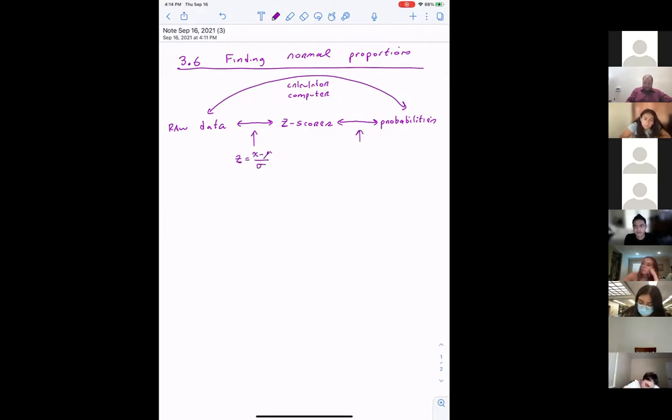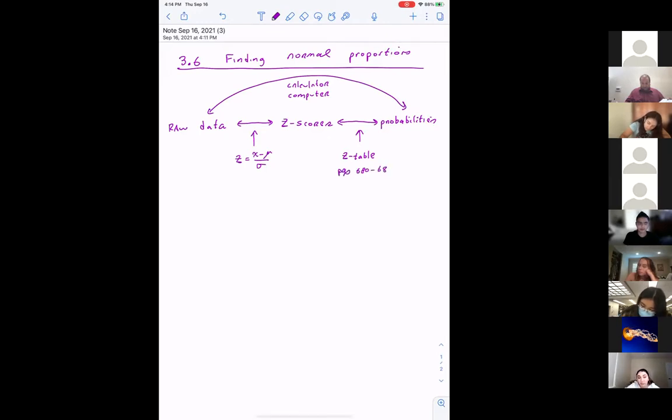And for this one, we look up what's called a z table, which is literally in the back of the book. Now with computers and calculators, they don't always need one. But yes, the book has one. If you have the book, you will see a standard normal table on pages 680 to 681.